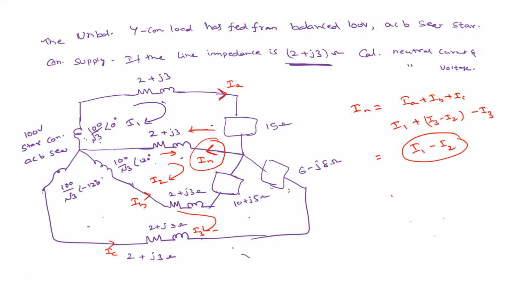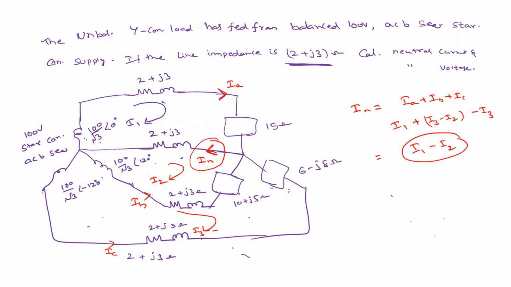Okay, so both are the same. If you calculate IA plus IB plus IC equal to IN, or simply, this is I1 and this is I2, so this current IN is I1 minus I2. From this, you can calculate the neutral current.